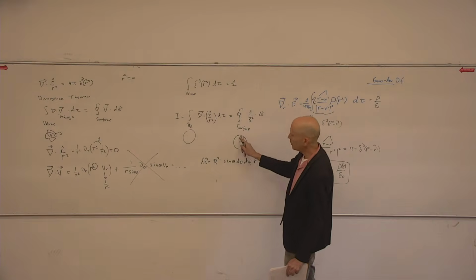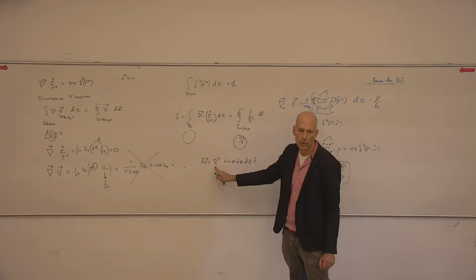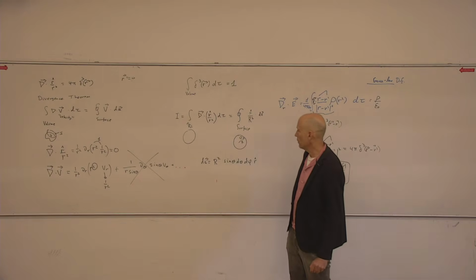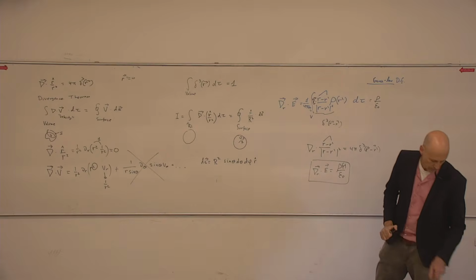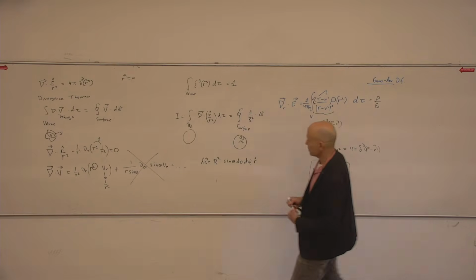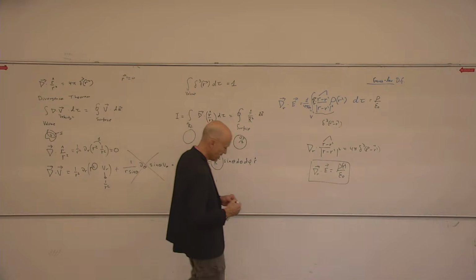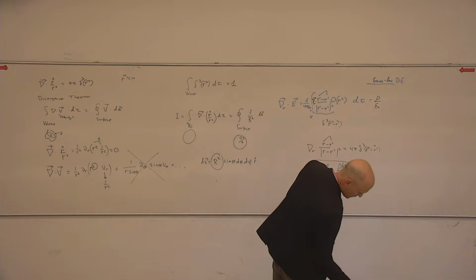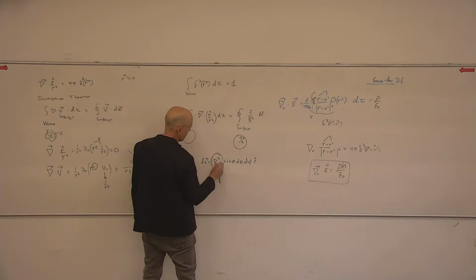So this is an element of surface on the sphere whose radius is r. And the whole reason why I bother with this is this. Ooh, it's the same color. You see here the 2. That's my main point, actually.